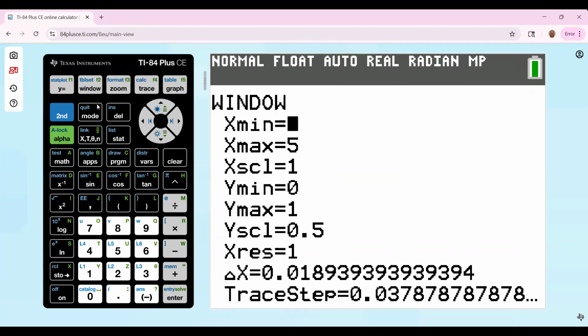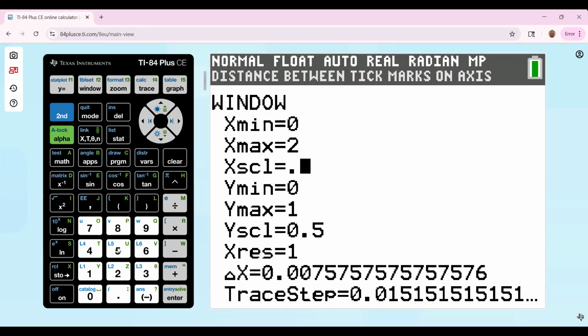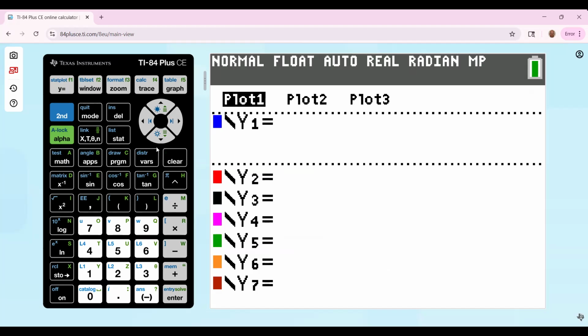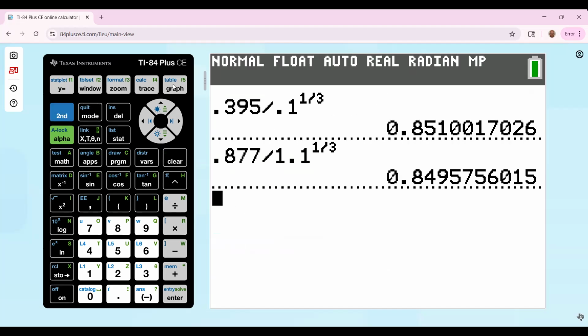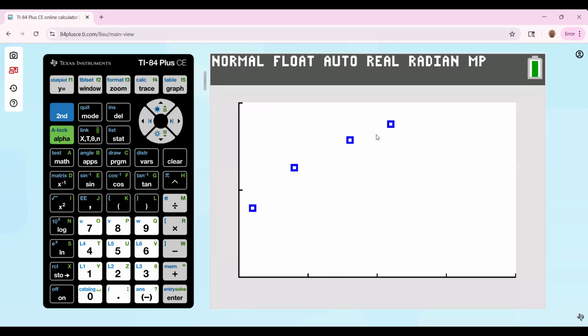And our window, well, these are both. So X's, we're going to maybe go up to 2. Let's go by 0.5. The Y's, we're going only to probably 1. Let's make sure we don't have anything here because that's not going to be what it is. So that's what our graph looks like. And so that really does match this one the best.